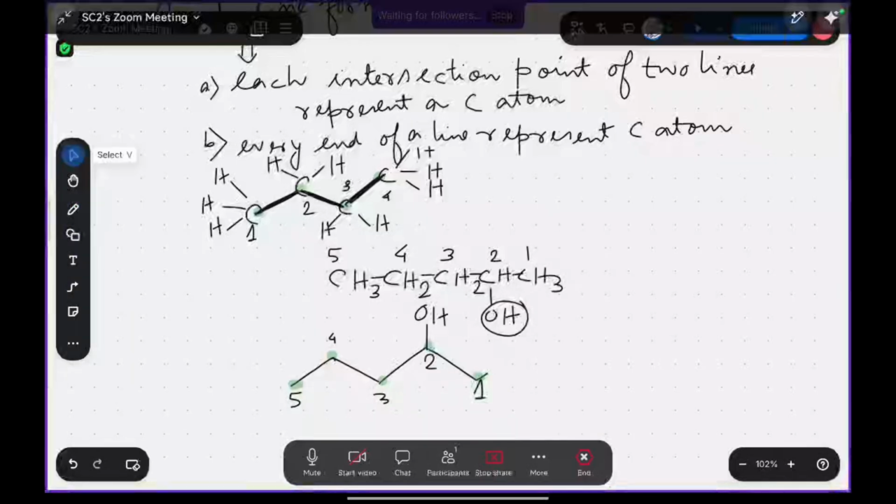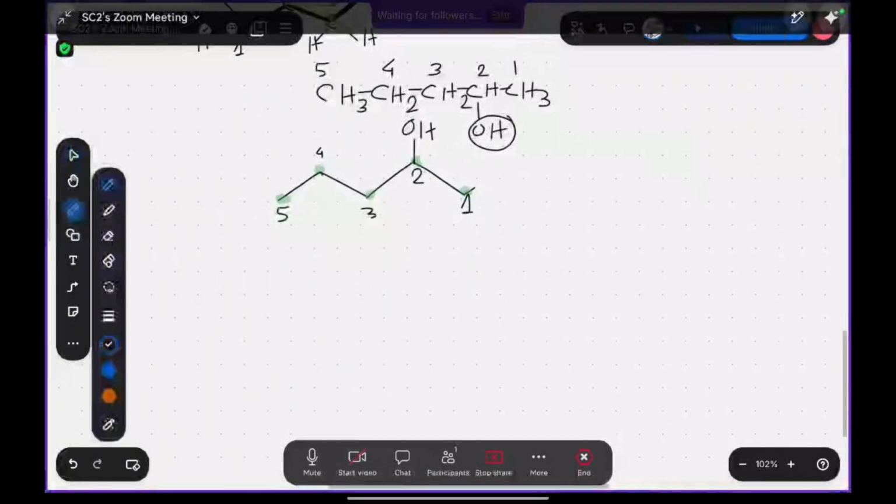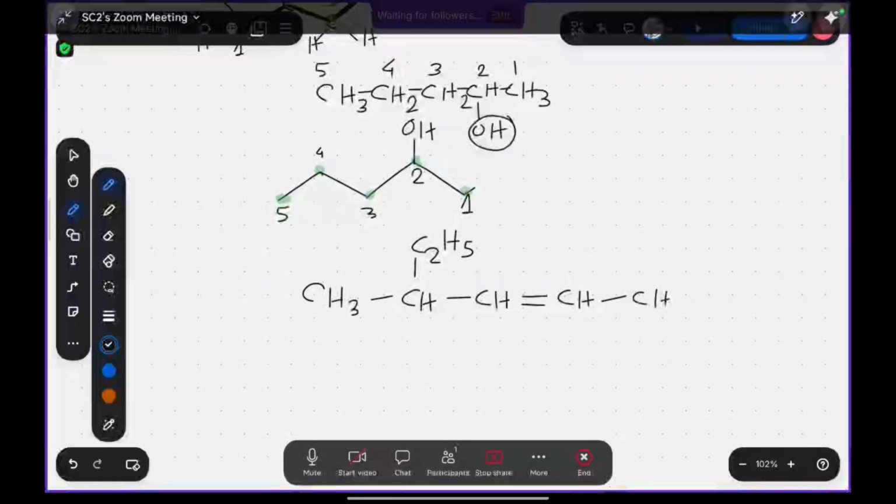Suppose I want to represent this compound: CH3, CH, C2H5, CH double bond CH, CH2, CH2OH.